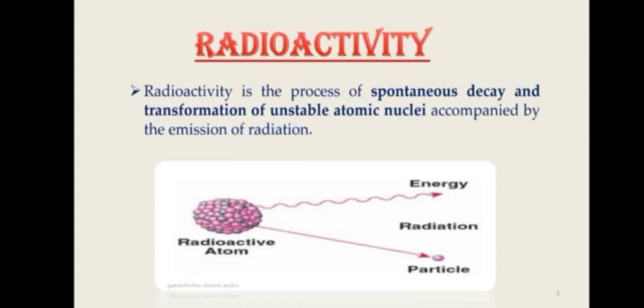We should also note that radioactivity is a random process at the level of single atoms. Therefore, it is an attribute of individual atomic nuclei. Radioactivity can also be referred to as radioactive decay, nuclear decay, radioactive disintegration or nuclear disintegration.